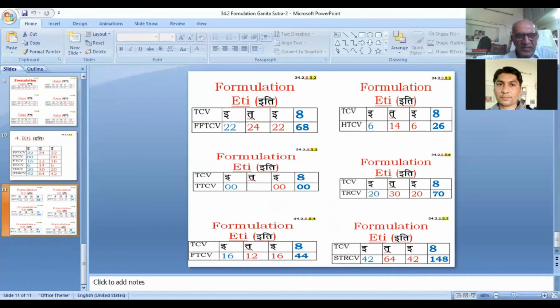In the first inner fold, reach for TC value 8 is 68. The formulation Eti with TC value 8 is parallel to TC value 8 of formulation Akash, the space. The space with TC value 8 is giving a reach for its first inner fold as value 68.